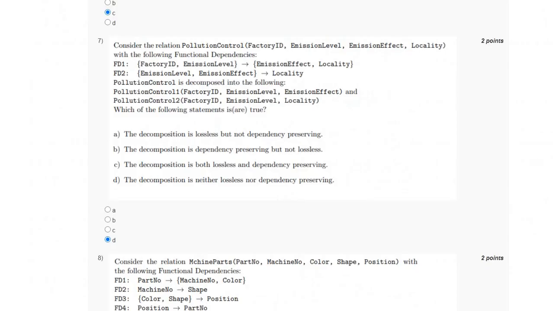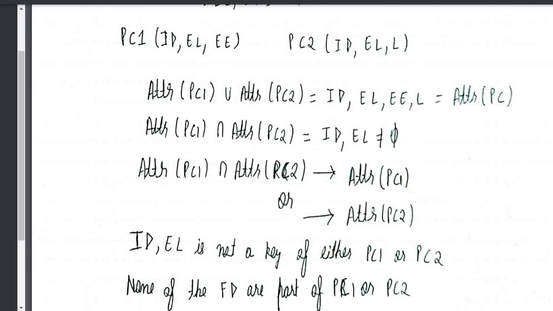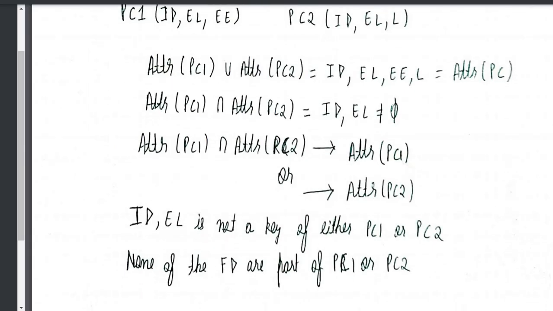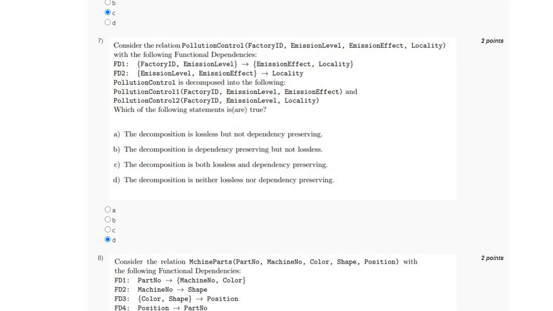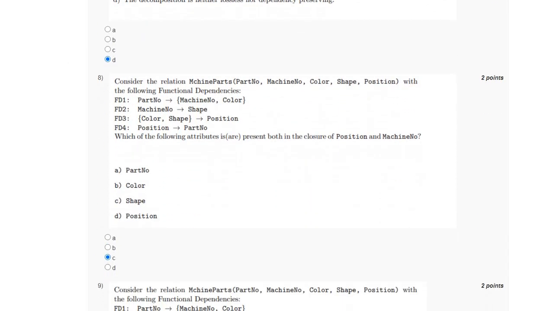Therefore this decomposition is not lossless, and neither dependency preserving, because for dependency preserving, none of the functional dependencies are part of the split relations, that is pollution control 1 or pollution control 2. Therefore for question 7, D is the answer.